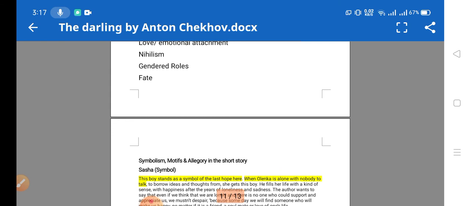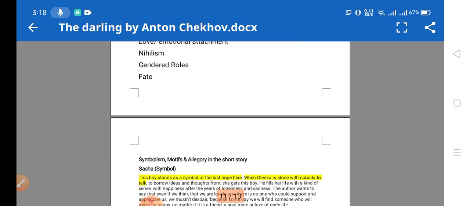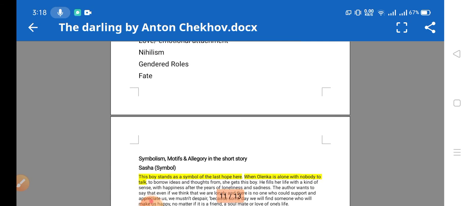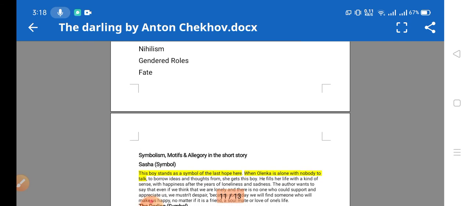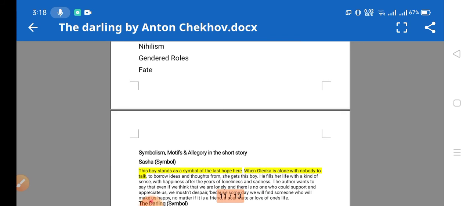Men are portrayed as opinionated individuals with some purpose and occupation, in a dominant position in society. On the other hand, women are presented as weak, inferior, and dependent on men. So gender roles are there, and fate is also there.